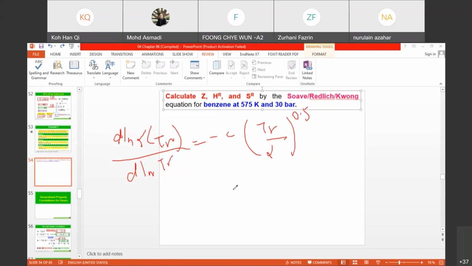If for Redlich-Kwong, it is equal to negative half. So please take note of this one.